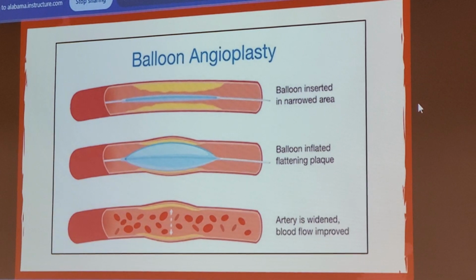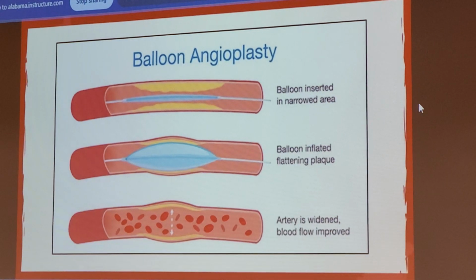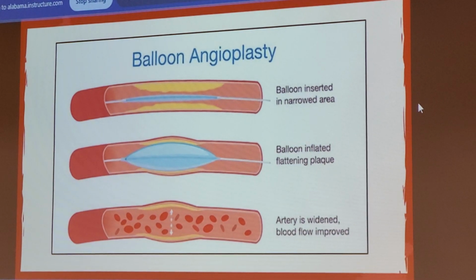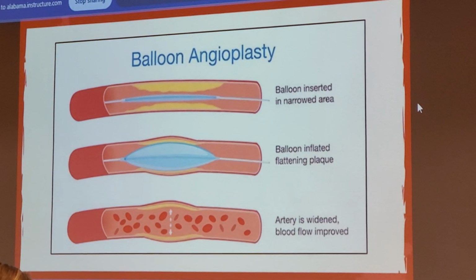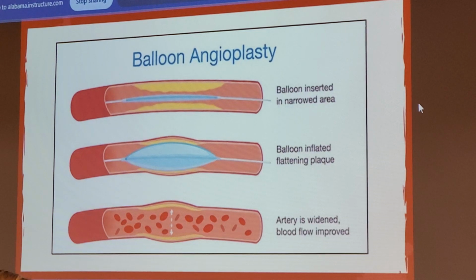They go in through the groin, usually right there in the femoral artery, and they take this catheter, and it's a huge catheter, like the size of an Expo marker or bigger. Pretty impressive that they can actually thread that through there.